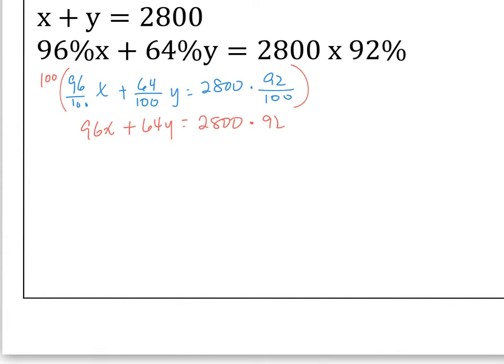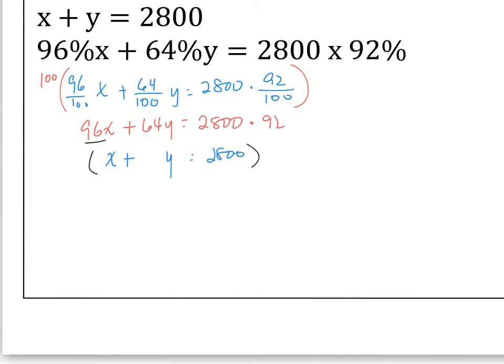And now I'm going to take the first equation. I'm going to write it down here. x plus y equal to 2800. Well, I have no choice here. I'm just going to have to use 96 or 64 and multiply it to the second equation, so then I can form a common term between both equations.